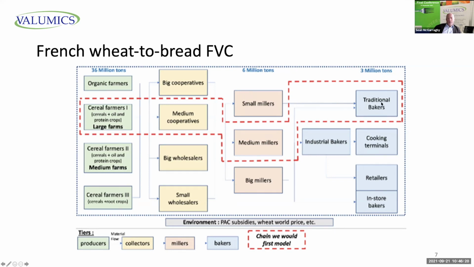It can go straight to a traditional baker, or maybe it goes to an industrial baker, who may send it on to a retailer, and maybe in-store bakers, and so forth. So we focused on the actors within the red dotted lines as being the most important for us to model. So cereal farmers, large cereal farmers, medium-sized cooperatives, medium-sized millers, and traditional bakers.